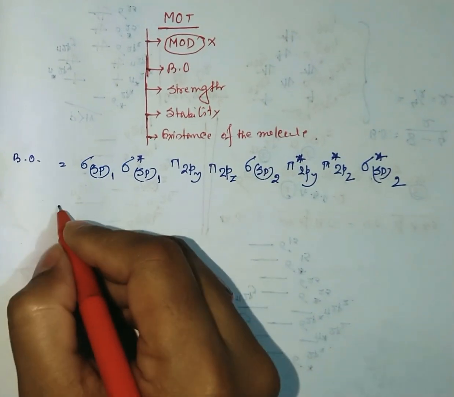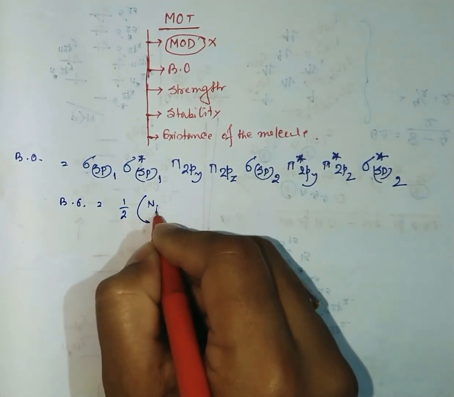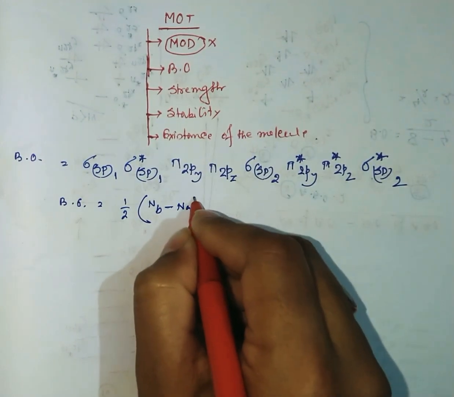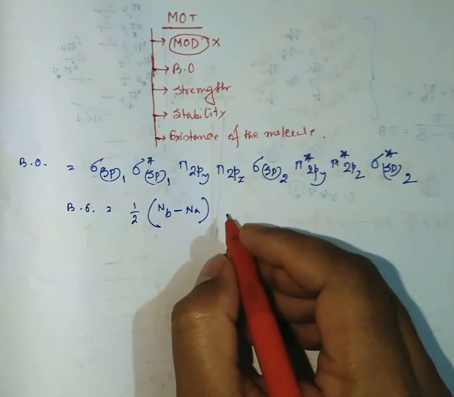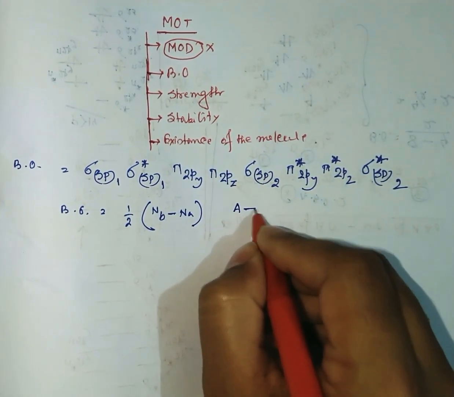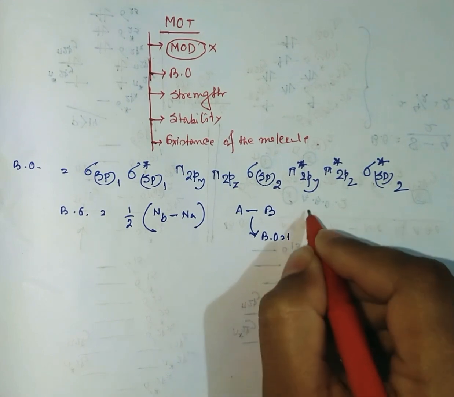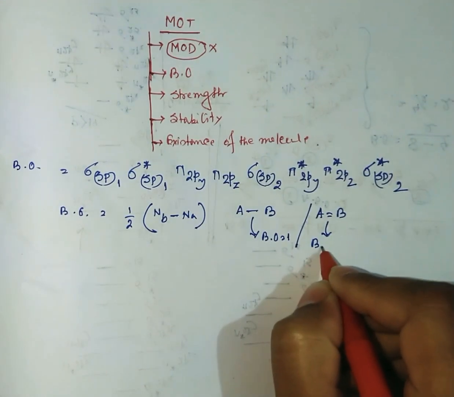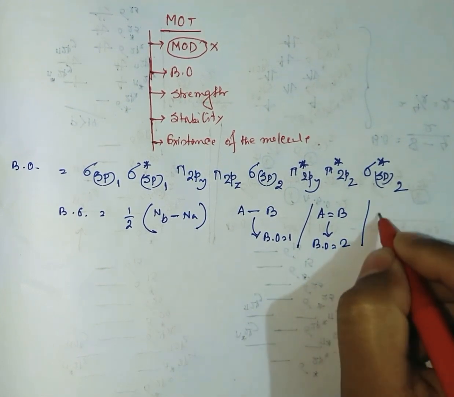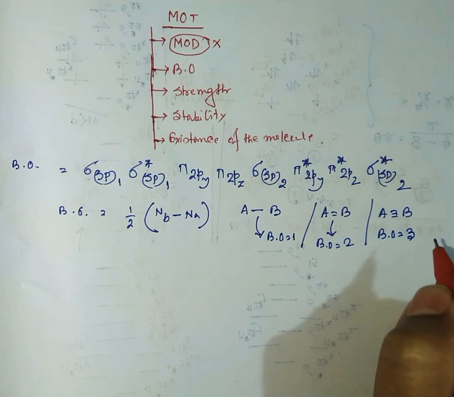So bond order equals half of the number of bonding electrons minus the number of antibonding electrons. Suppose a single bond, bond order equals 1. A double bond, bond order equals 2. A triple bond, bond order equals 3.